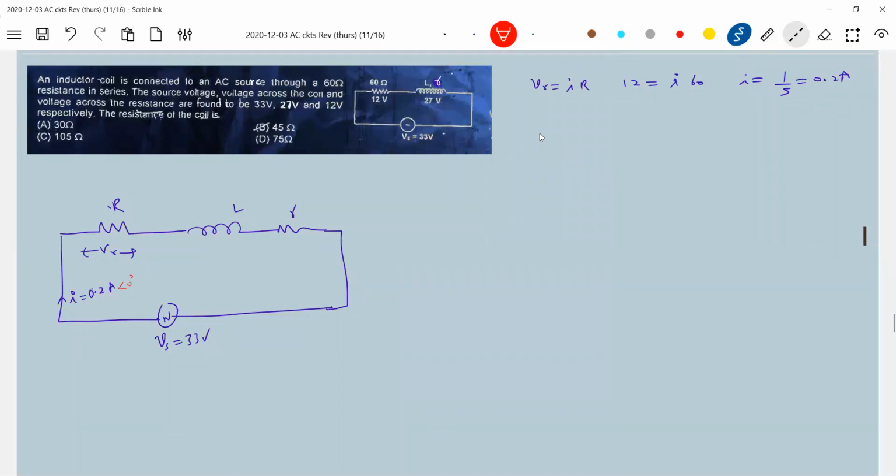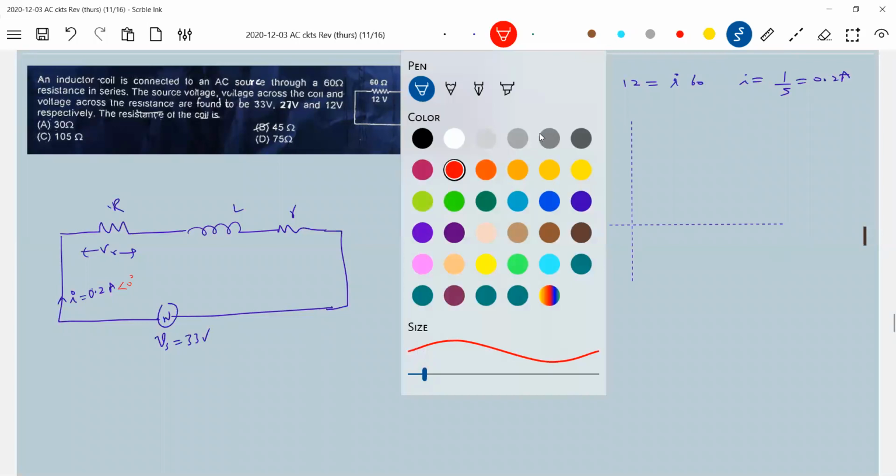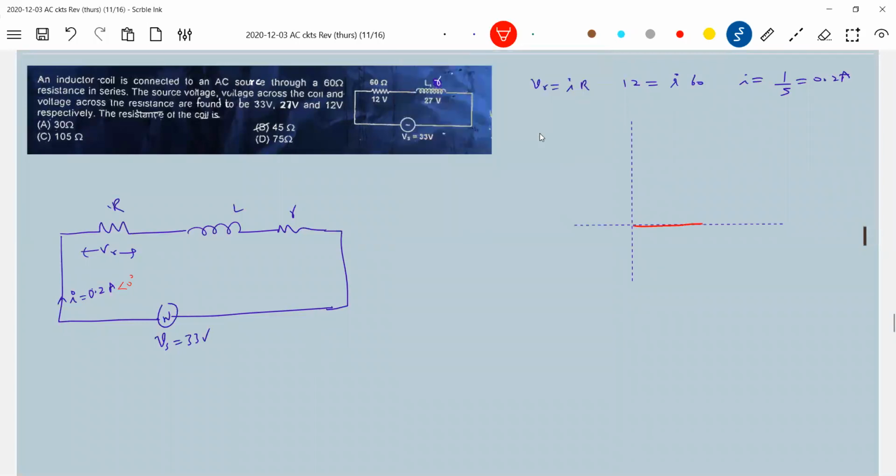Let's draw the vector diagram and see if it helps. So there's the direction of current. In an RL circuit, is it a lag or a lead? In an RL circuit, the current lags, no? Therefore the applied voltage should lead.